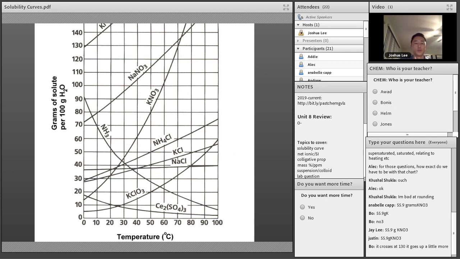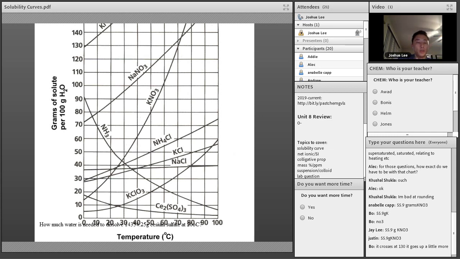Let's make this one different. How much water is needed to dissolve grams of... 100, 90, 80, 70, 60, 50, 40, 30, 20 degrees Celsius.